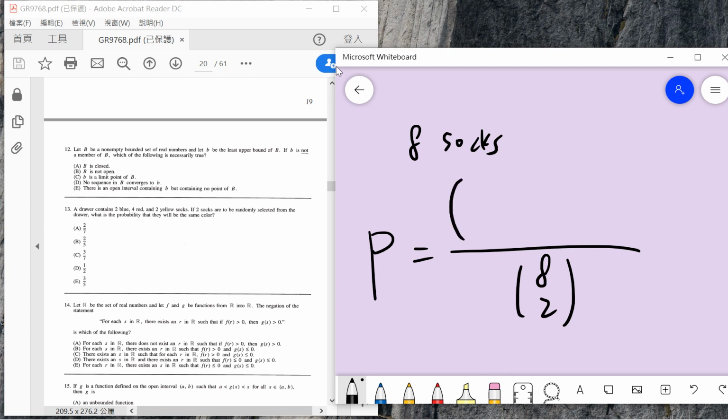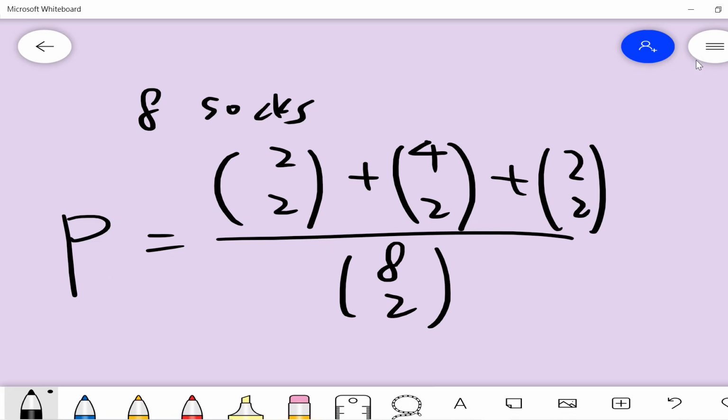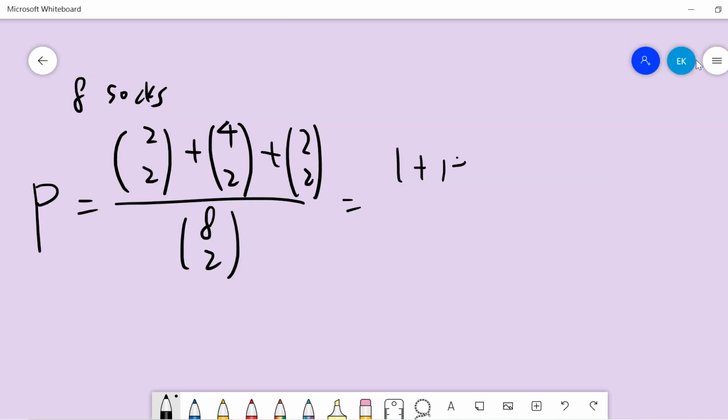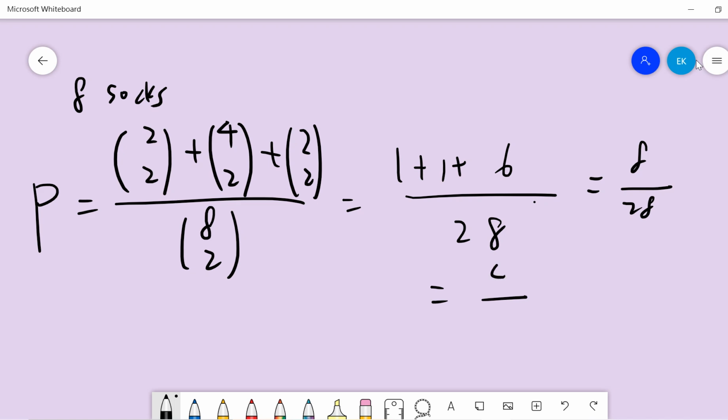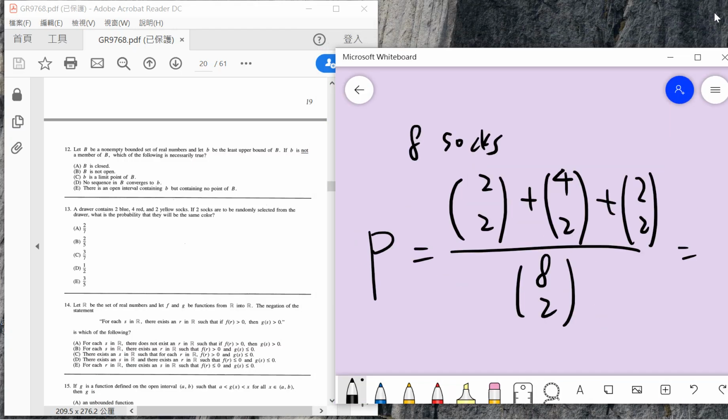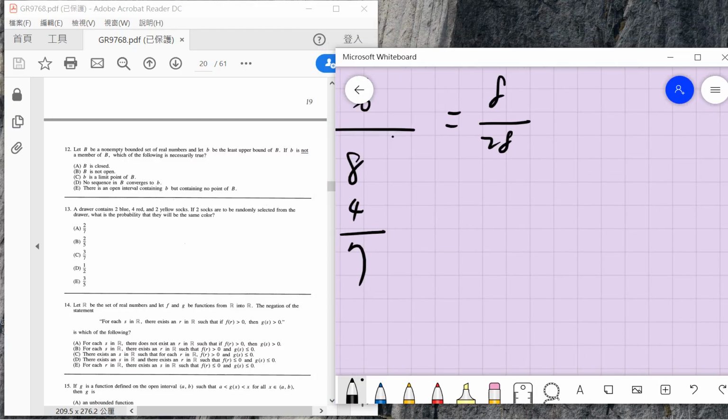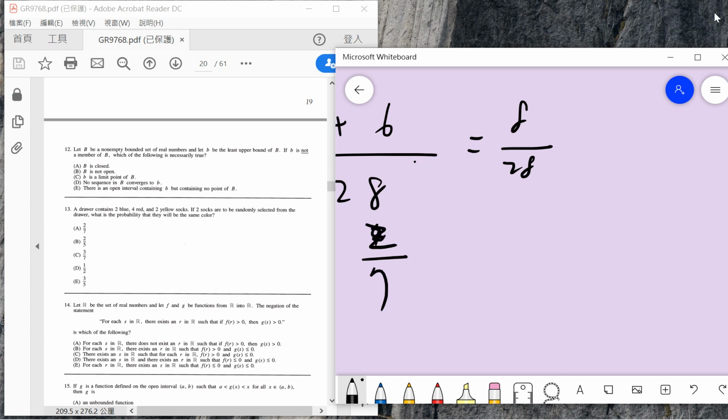And the only possibility is that 2 of them are blue, or 2 of them are red, or 2 of them are yellow. So this is 1 plus 6 plus 1, over 28. So the answer is 8 over 28, which is 2 divided by 7. So the answer is A.